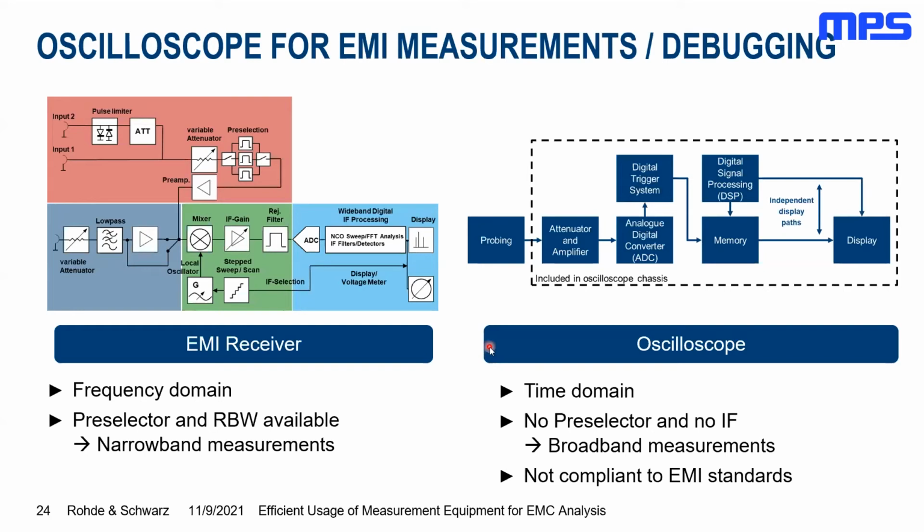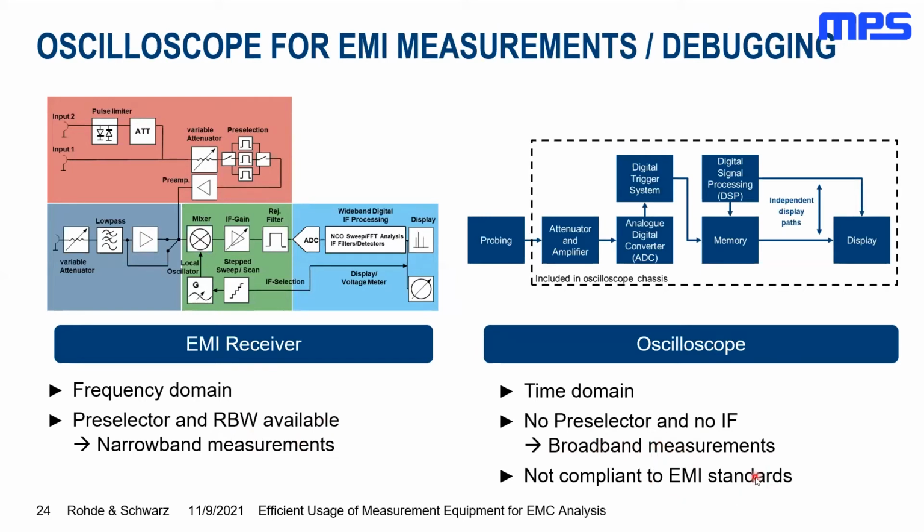So we have no chance to do a pre-selection like for the measurement receiver. And therefore, in comparison, we are doing the narrowband measurements with an EMI receiver, and we have the oscilloscope as a broadband measurement device, having the instantaneous view from DC to the corner frequency with one shot.